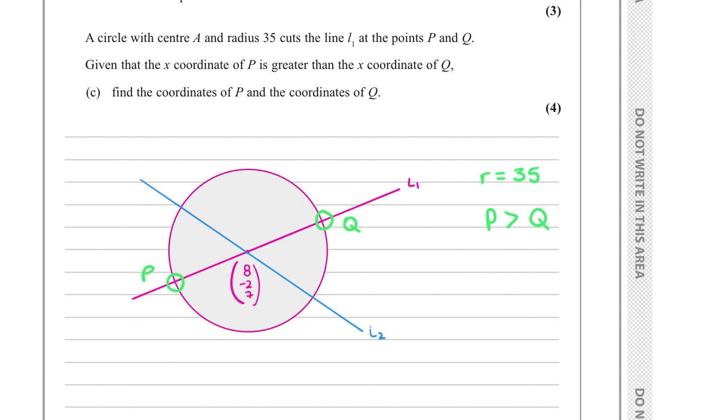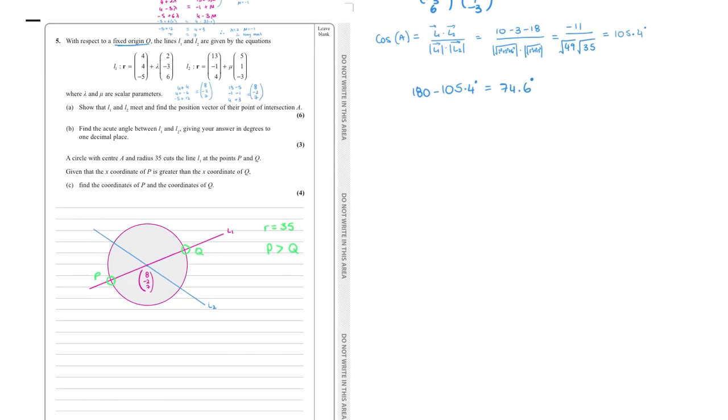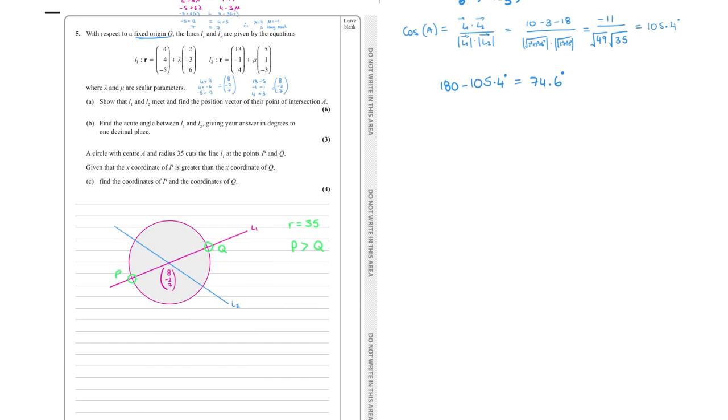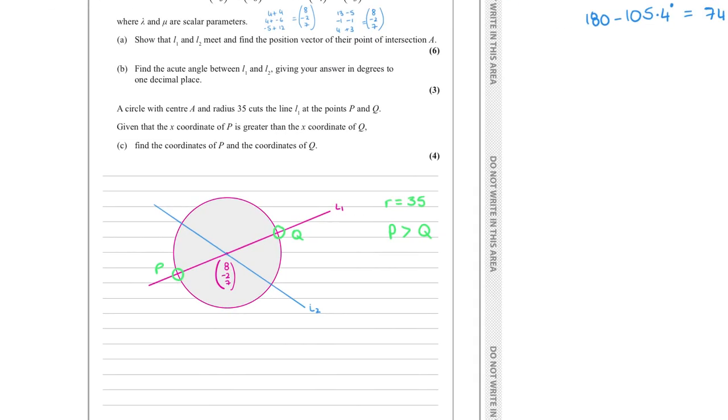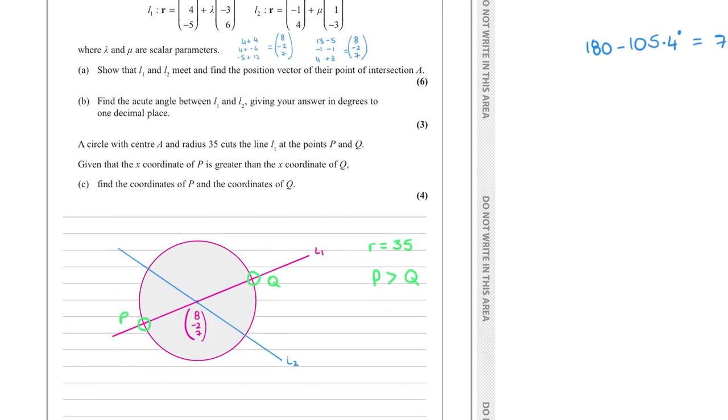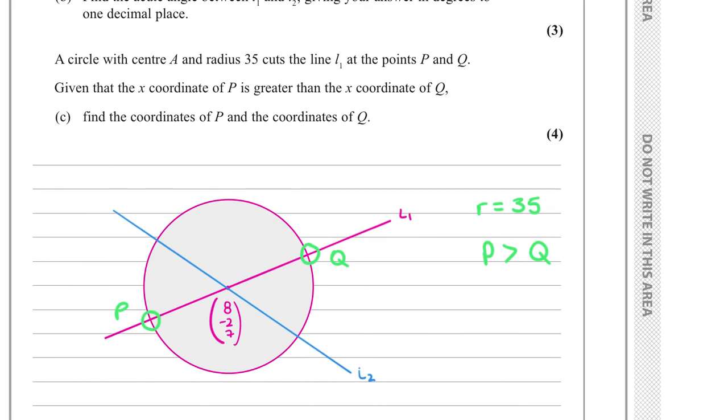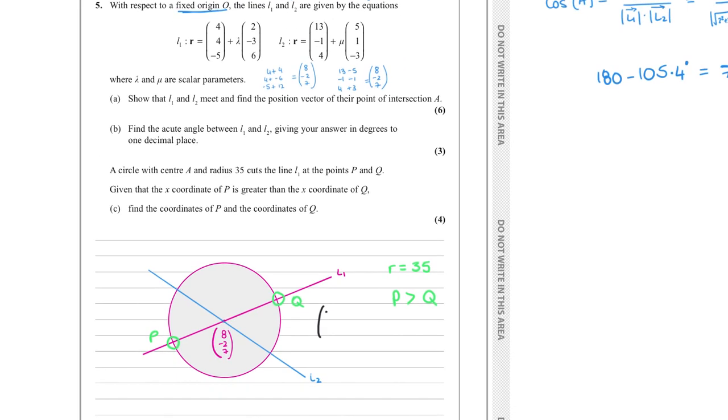So if the magnitude's root 35, hypothetically say that to P here, we know that P and Q, regardless of what they are, their vector is in fact (4 plus 2 lambda, 4 minus 3 lambda, minus 5 plus 6 lambda).